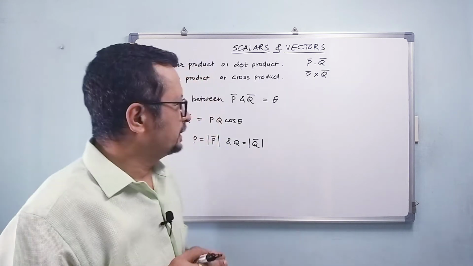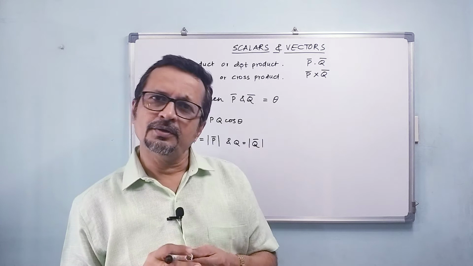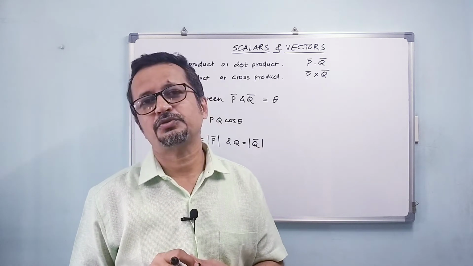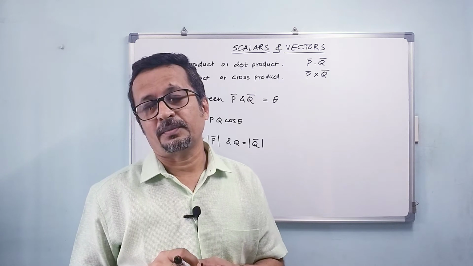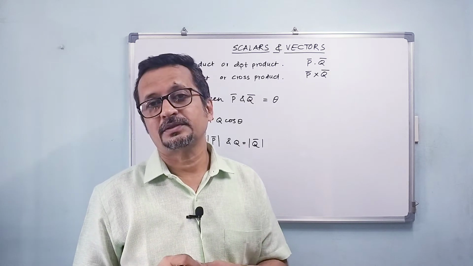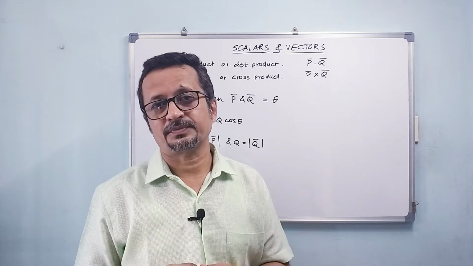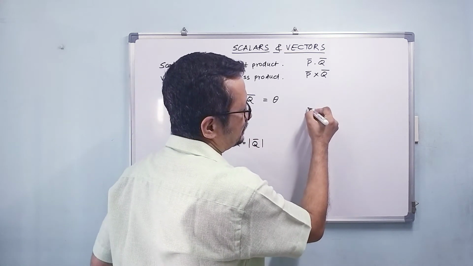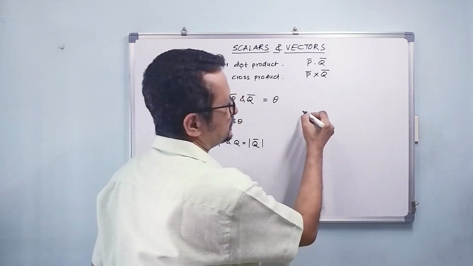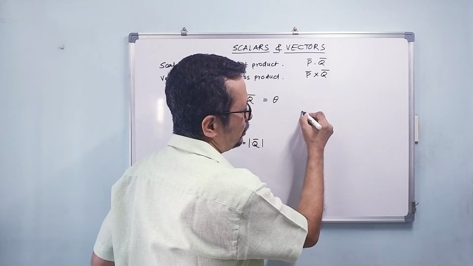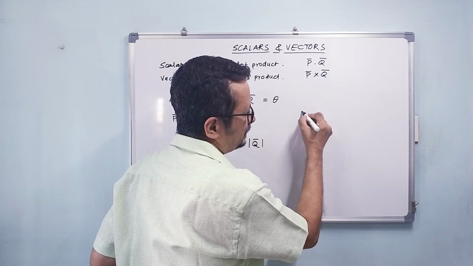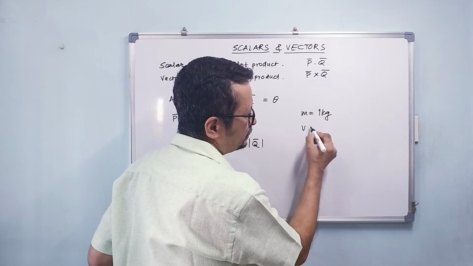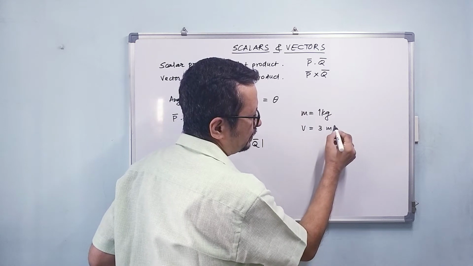Now this scalar product has certain characteristics. We need to check whether this scalar product obeys certain conditions. Suppose I have the mass of a body, let us say 1 kg, and the velocity of that body is 3 meter per second.